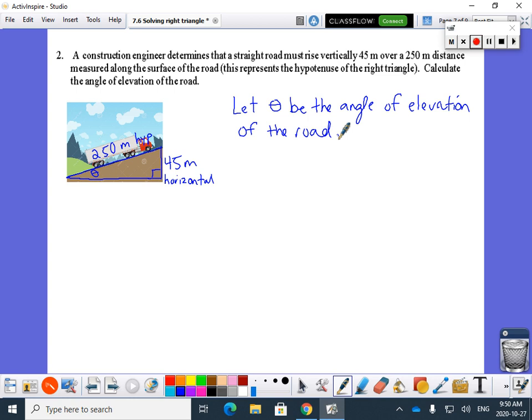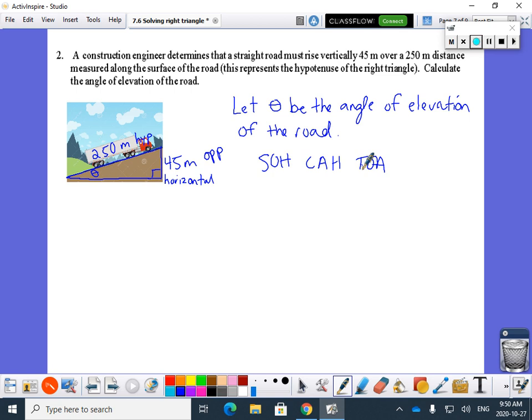So, if we want this, well, we have, what's this side called? If we want theta, then this side is opposite. And we also have hype. So SOHCAHTOA, what are we going to use? What trig ratio?